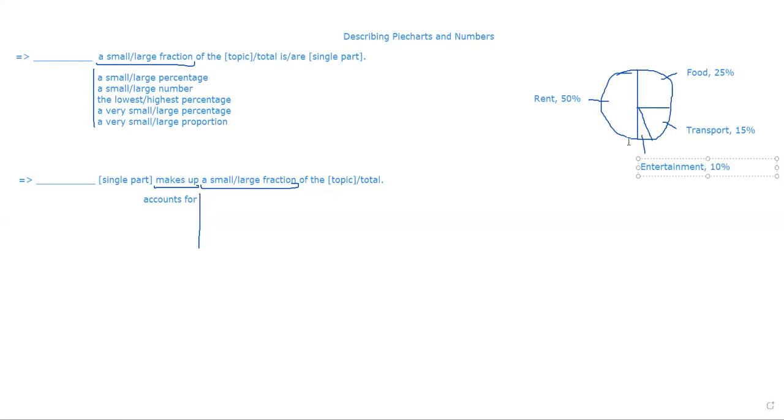So this is maybe a graph of the monthly expenses or the living expenses of a person. Monthly expenses, or you can paraphrase these as living expenses, whichever one you prefer. Now we need to include the specific data, right?